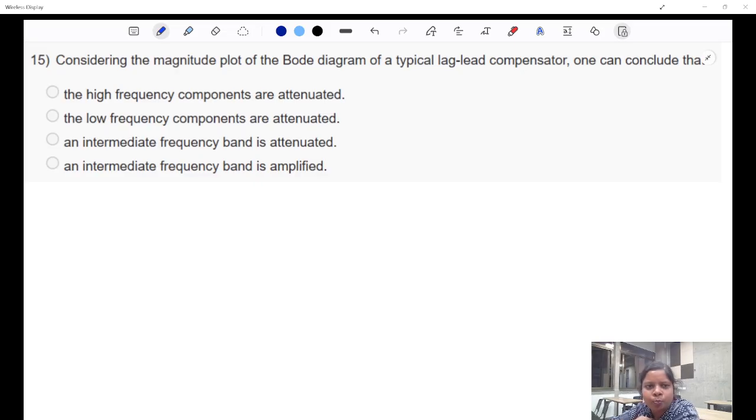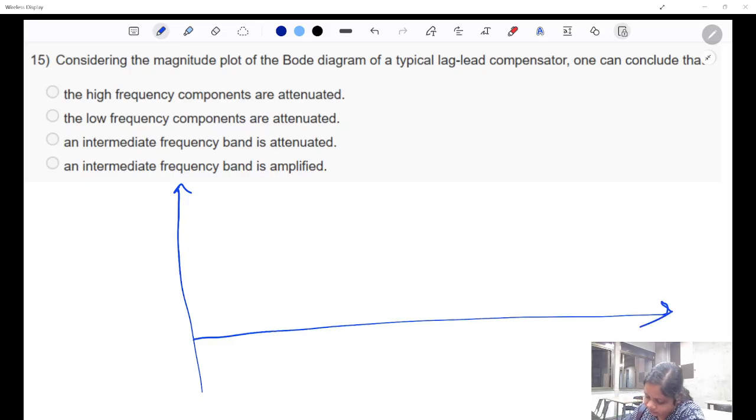Considering the magnitude plot of the Bode diagram of a typical lag lead compensator, we can conclude what? So how does a lag lead compensator look like? It has 4 corner frequencies, right?